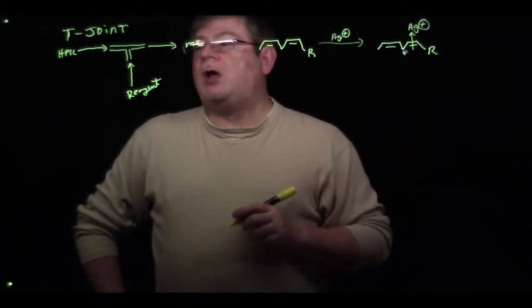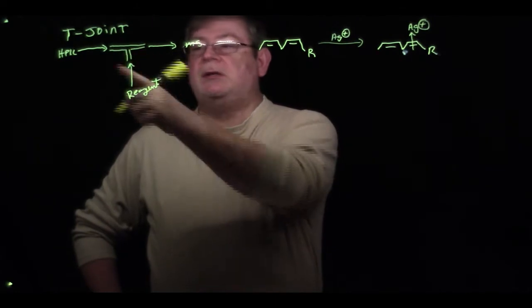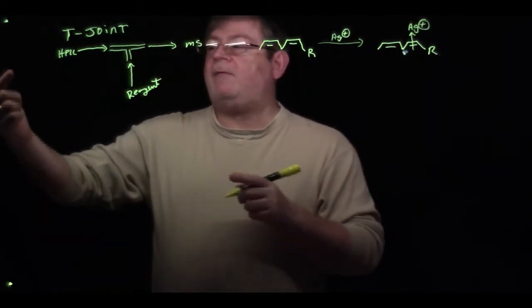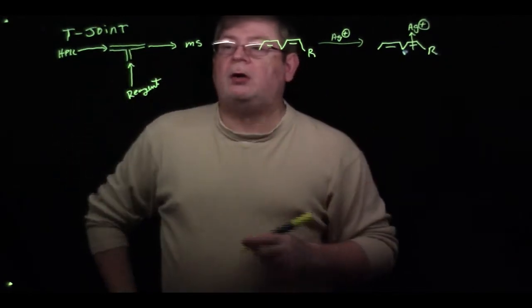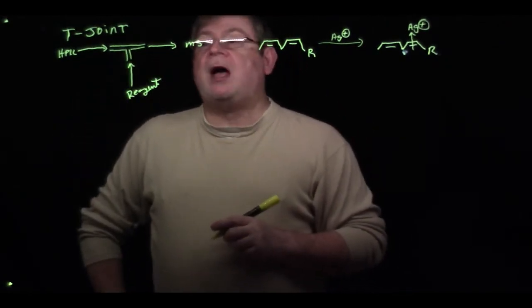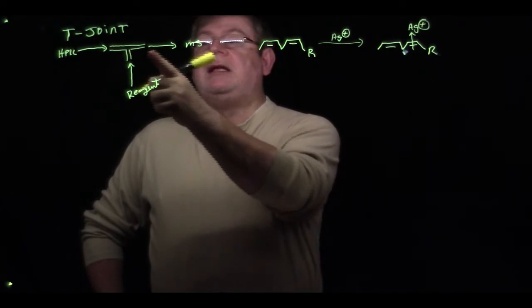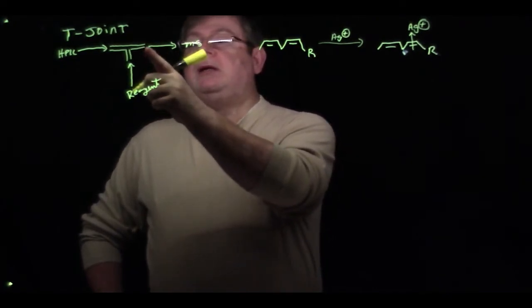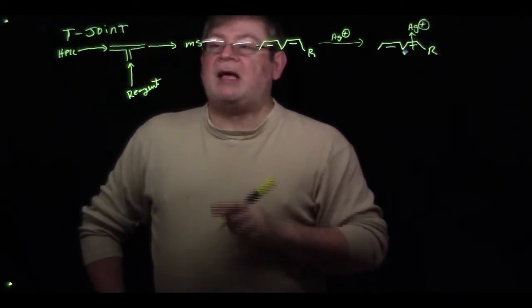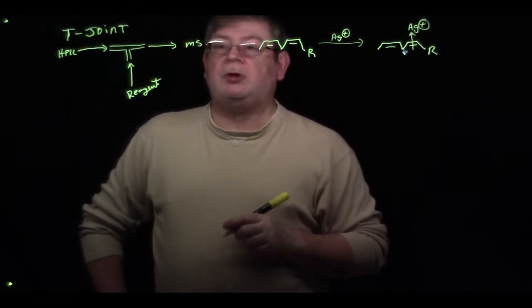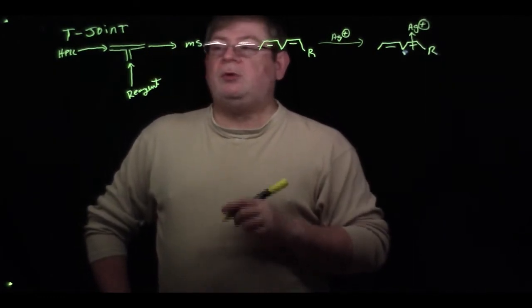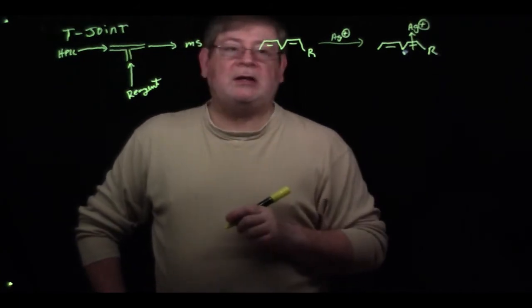You can also do other things with T-joints, where maybe you have two reagents coming together to form some type of reaction and you want to monitor that reaction over time. You could do that simply by varying the length of tubing between the T-joint and the mass spec, and that length of tubing would give you a different time for each experiment. So you can actually do kinetics by these so-called T-joint experiments.